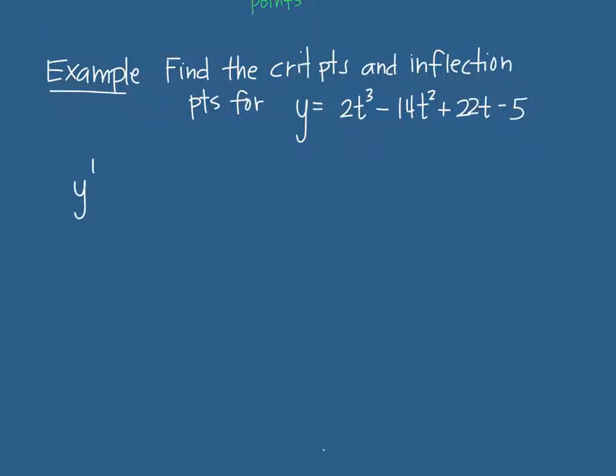Our y prime is 6t squared minus 28t plus 22, which you'll want to factor. And our y double prime is 12t minus 28. We'll solve both of those to be equal to 0 and equal to undefined.